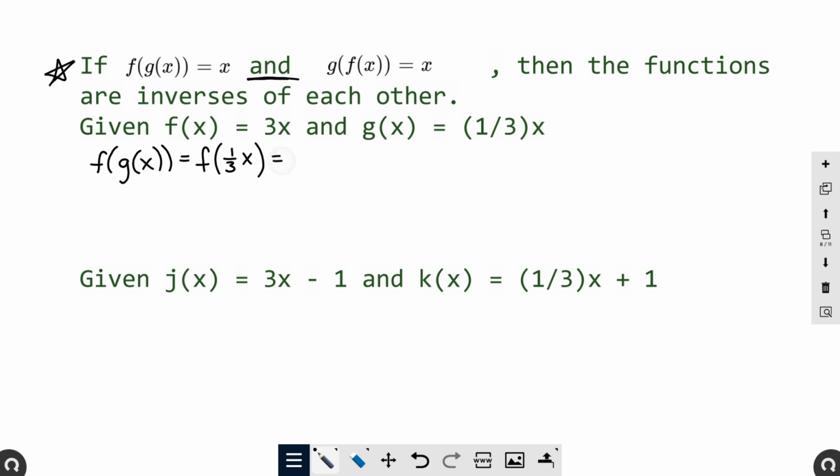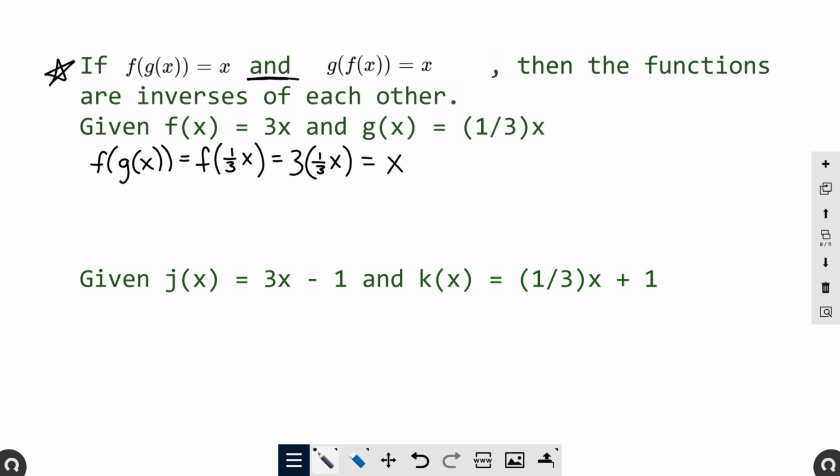So f of x says 3 times x, but in the place of x, I'm going to put 1/3 x. So I take one equation and substitute it in the other. What is 3 times 1/3? 1. Yep. So this becomes 1x or just x.